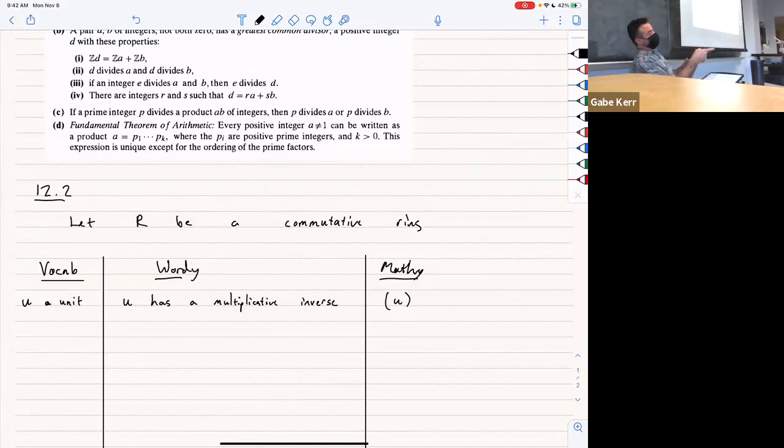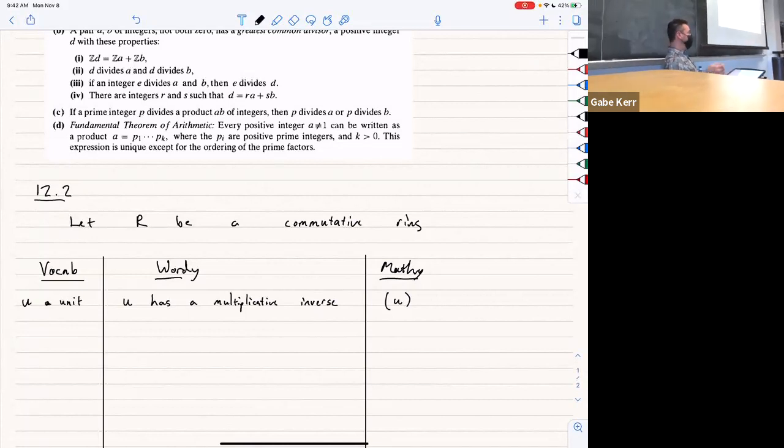That's the generator of a principal ideal. So what is an ideal? An ideal is a subset of our ring satisfying some properties. It's an abelian subgroup in the additive operation, and it satisfies the other property that if I multiply any element of the ideal by another element of the ring, that's still in the ideal. So it's closed under multiplication by elements of the ring. That's the notion of an ideal.